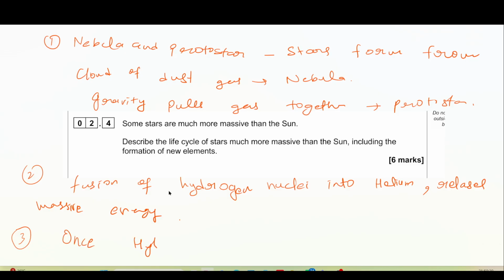Once hydrogen runs out, stars expand and cool.